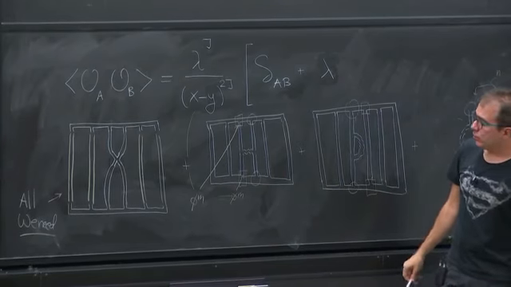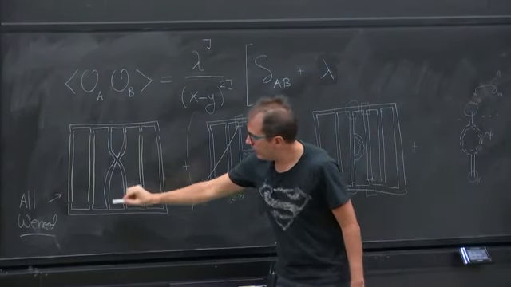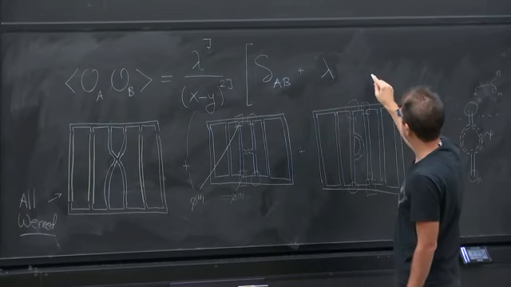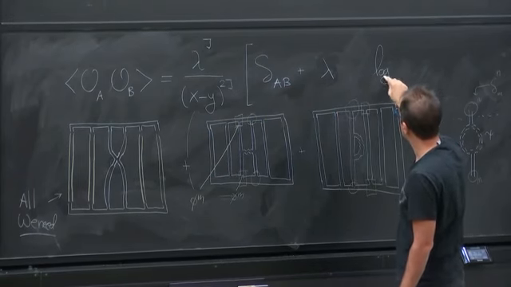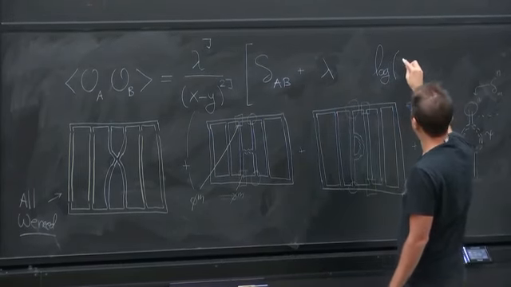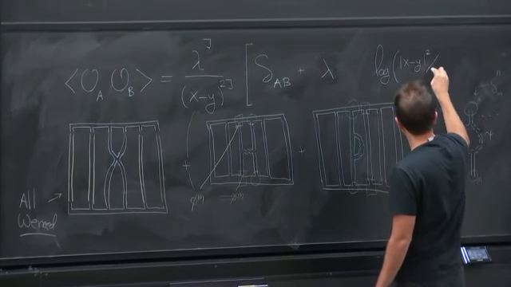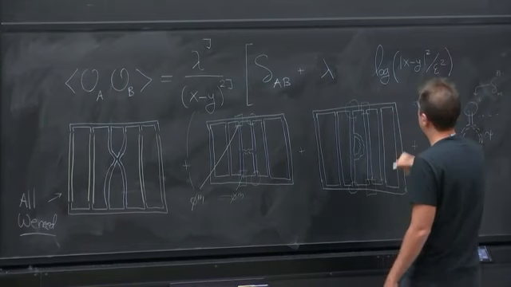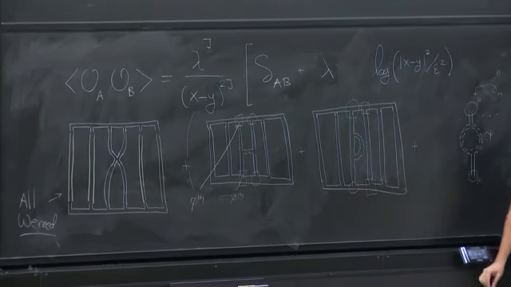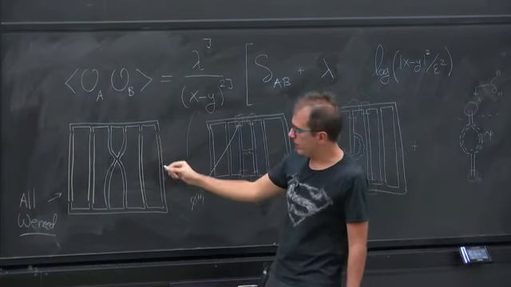And then we have this loop diagram. And this loop diagram was giving this logarithm of the distance, x minus y squared divided by epsilon squared. And then finally, we have to be careful with the indices.